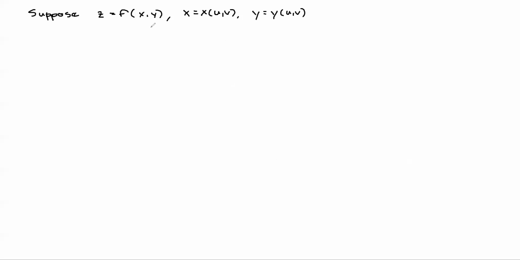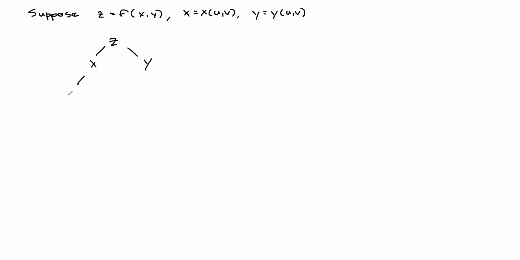We have z, which is our final end result variable, defined in terms of two variables, and each of those two variables is defined in terms of two more variables. So how would we figure out what the formula for the derivative is in this case? You create a derivative tree. So we'll start off with z, and z is defined in terms of x, and z is defined in terms of y.